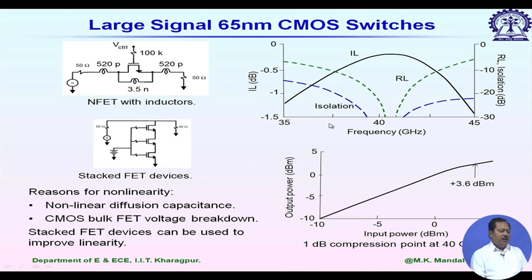You can see insertion loss is minimum at the resonating frequency, approximately 41 gigahertz. Not only that, due to that resonance behavior at this frequency, return loss is maximum. So, we have very little reflection from the input of the switch, and also isolation is maximum.